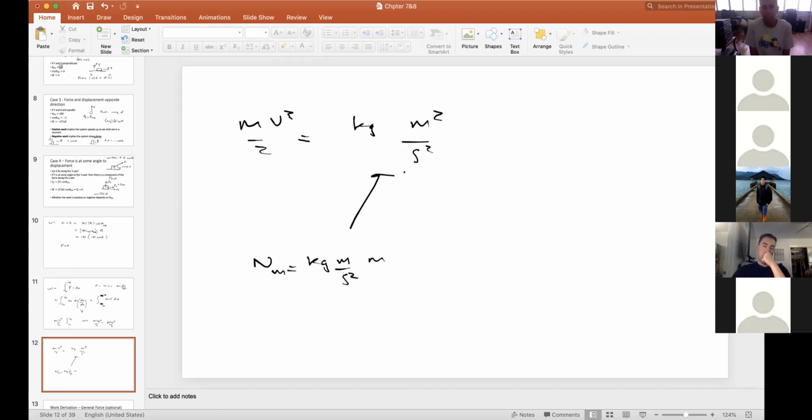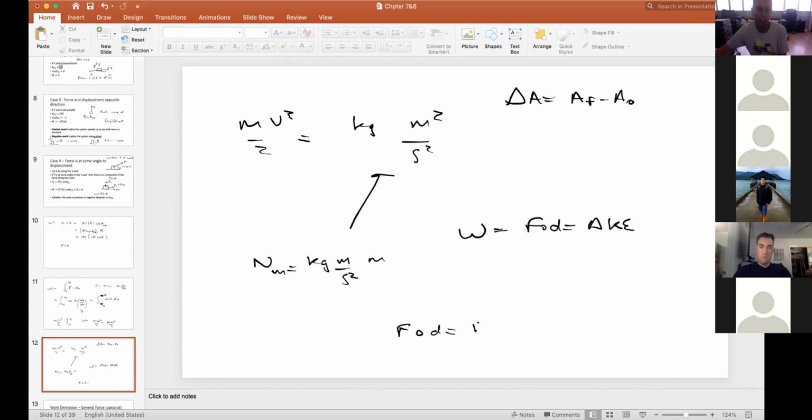Kinetic energy is definitely energy. And that means that the work that any force does ends up being the change in kinetic energy. Do not forget that the change of anything is A final minus A initial. So force dot distance gives us mv final squared over 2 minus mv initial squared over 2.